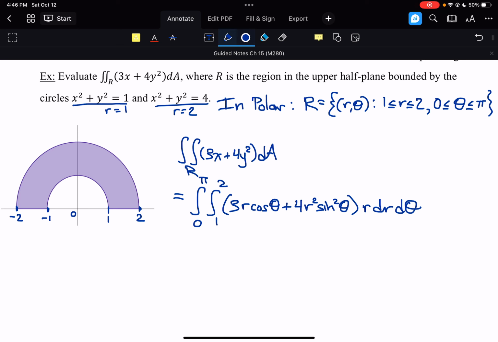So if we evaluate the innermost integral with respect to r, let's go ahead and distribute this r into here.